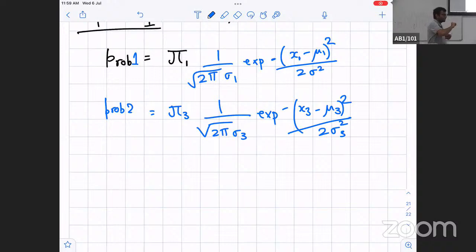I think I saw that yesterday, right? As you vary P, there will be a point where it is the highest, right? So that is the most likely estimate for these parameters. In the same way, I would like to find out the most likely estimates for pi 1, pi 2, pi 3 in this way. So that is the likelihood of seeing the data, and I would like to maximize it.